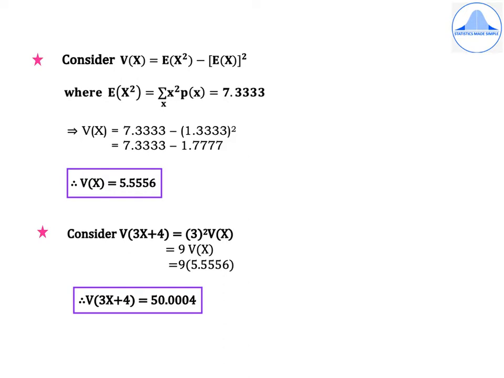So now consider variance of 3x plus 4, and using the result V of ax plus b is a square V of x, we get equal to 3 square V of x, which is equal to 9 into V of x, which is equal to 9 into 5.556. Therefore, variance of 3x plus 4 is equal to 50.0004.